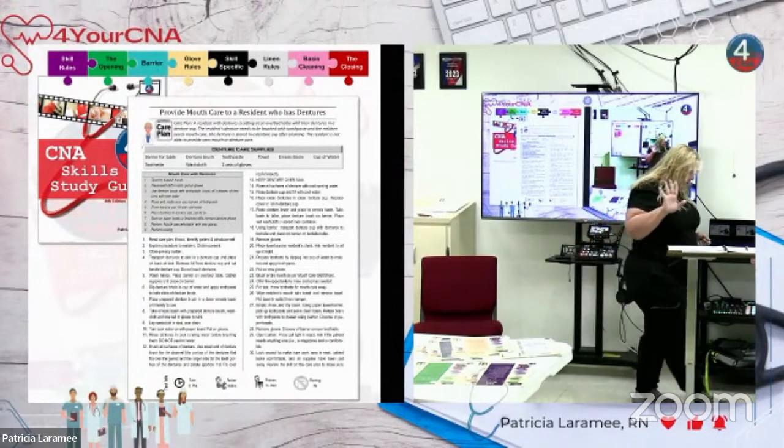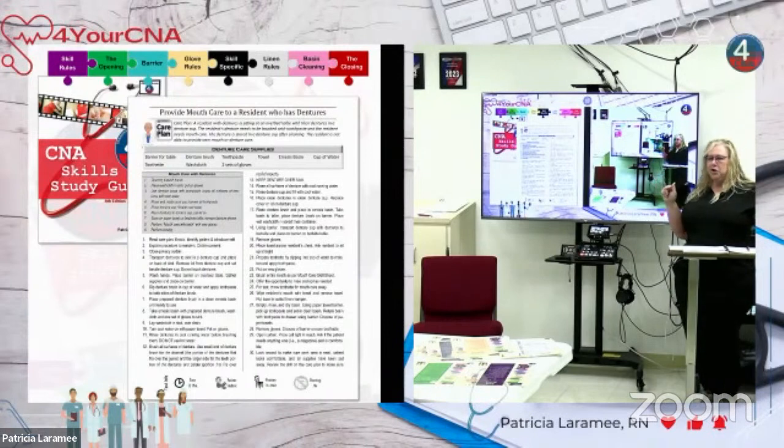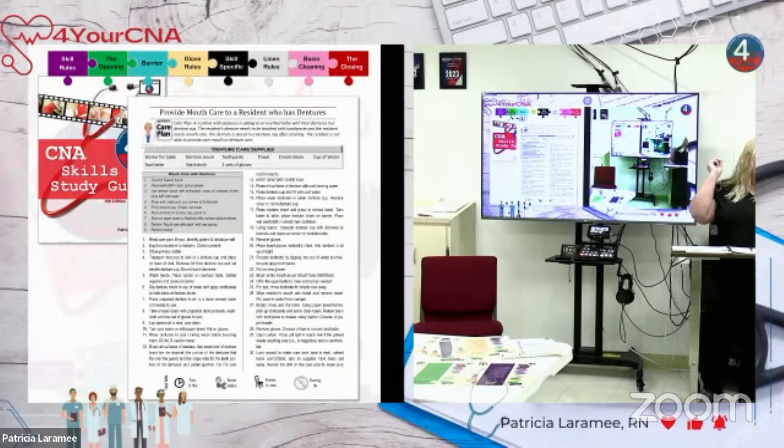Guys, I'm going to tell you that in most settings, if your patient can clean their own denture, they will. They're not going to trust you with them. Because if you drop those dentures or you break those dentures, it's going to cost several thousands of dollars to replace them. And the patient's going to be without dentures for several weeks during that process.